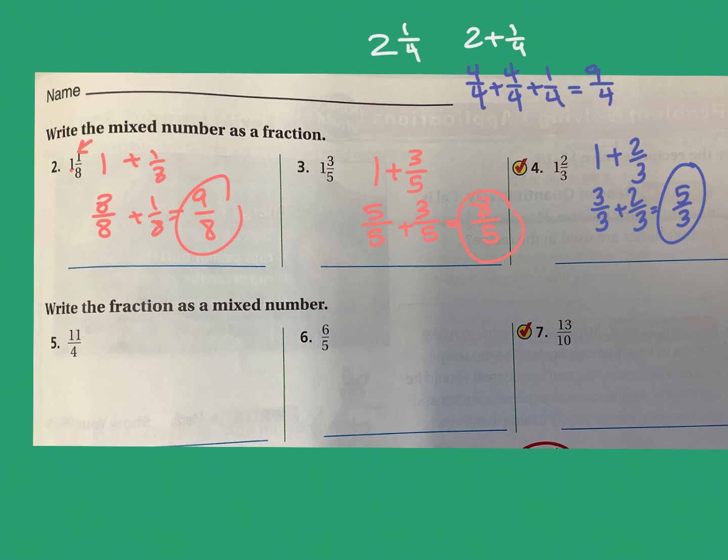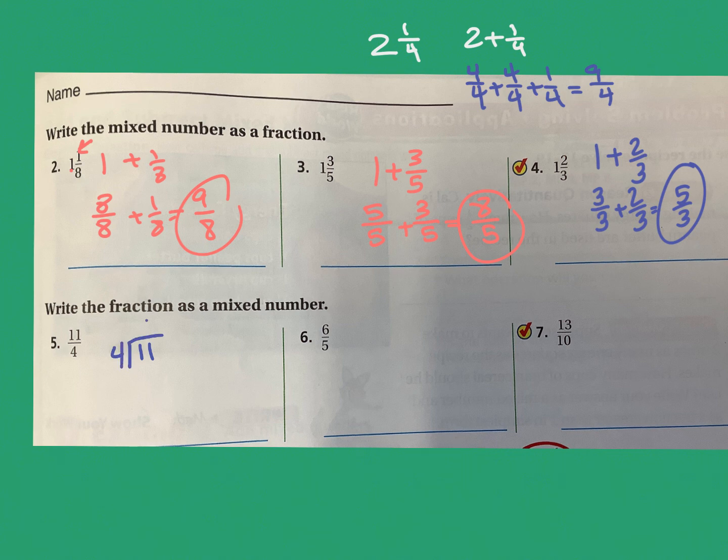Okay. For changing a fraction to a mixed number, I've already shown you the trick that's easiest, in my opinion, to do: recognize that fractions are simply a division problem, a number over a number. So to find out what it is as a mixed number, I'll simply use division because that's going to pull out those whole numbers. So I'm going to do 11 divided by 4.